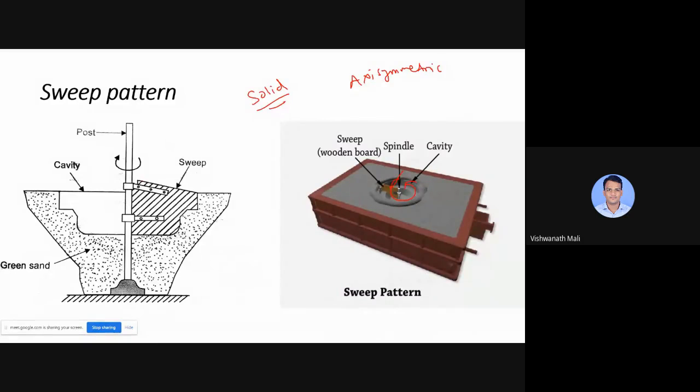What is the restriction here? We can use a sweep pattern only when your object is axis symmetric. If your object is axis symmetric, then use this sweep pattern, by which you can reduce the material needed to prepare the mold. Instead of a solid pattern, you can use the plate pattern. Only a single plate is required, right? So that is called the sweep pattern.